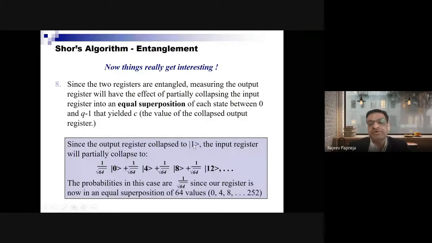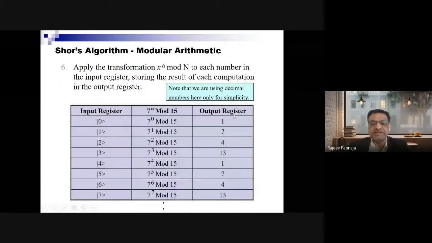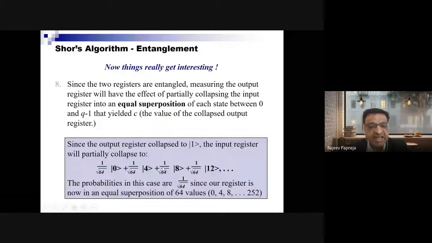Now since the output register collapsed to 1, the input register will collapse to 0, 4, 8, 12, only these possibilities. Why? Because the output was 1 for input 0, input 4, input 8. So as soon as the output collapsed to 1, the input also collapsed to only the values that can yield output 1. This is entanglement.